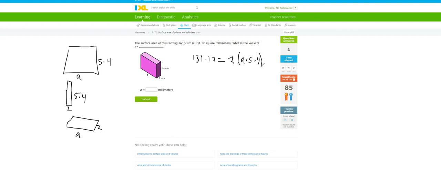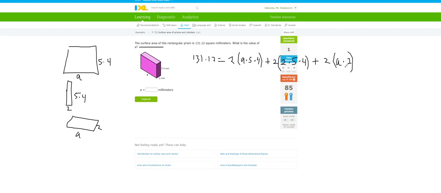And then plus 2 times 2 times 5.4 because you have two faces again. And then plus 2 times A times 2 because it's two faces again.